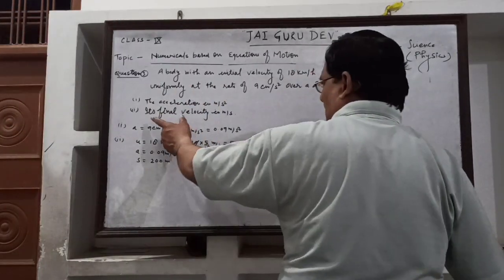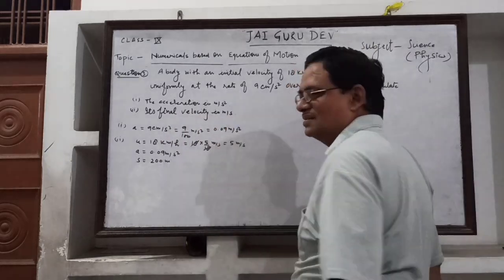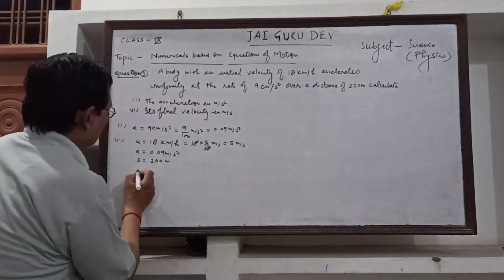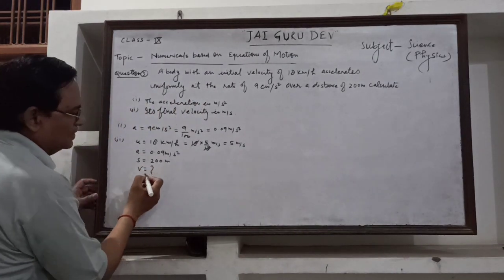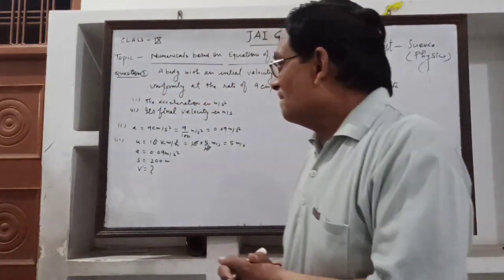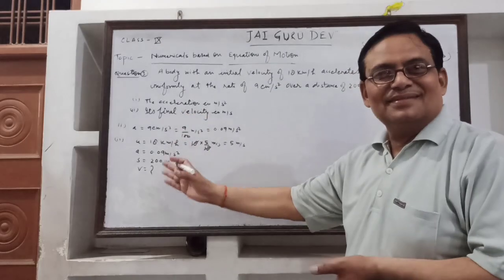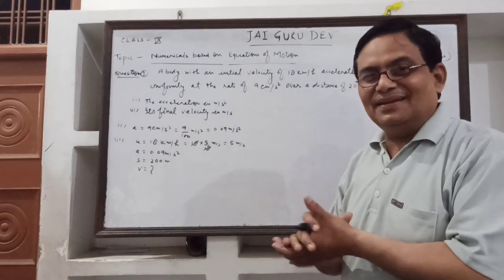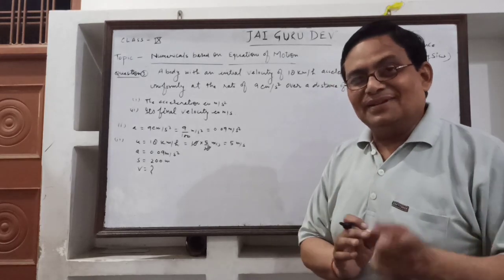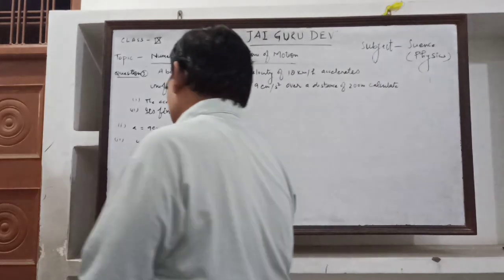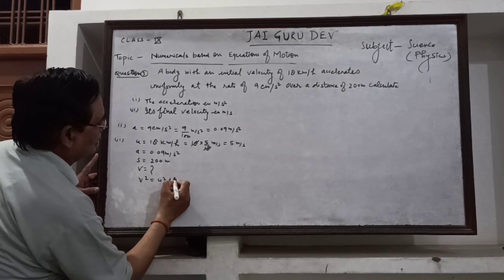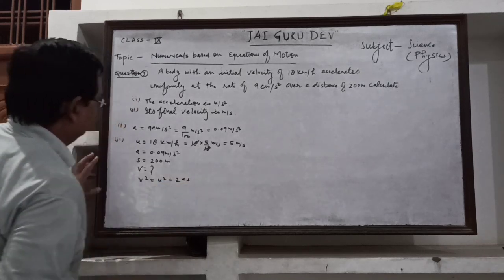So what is the question in the second part? Its final velocity. Symbol for final velocity is V, question mark. Once again, which equation will you apply? The givens are these. Definitely in your mind, which equation is striking now? That is the third equation of motion.